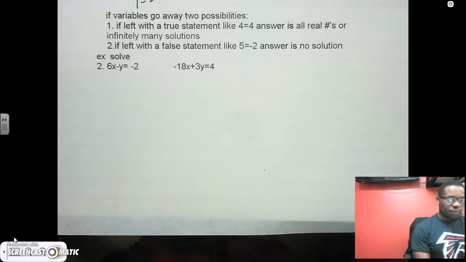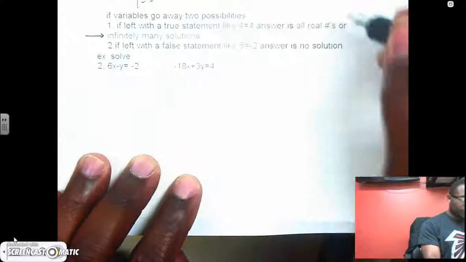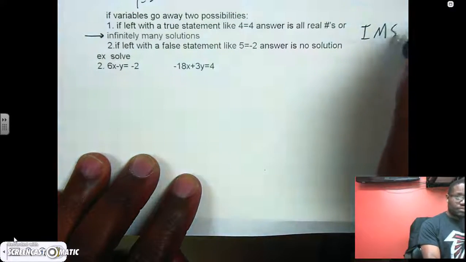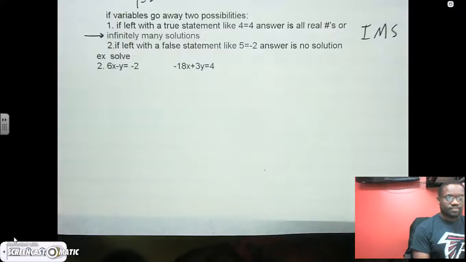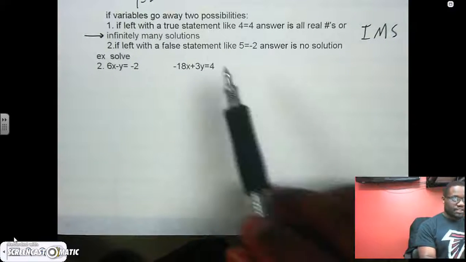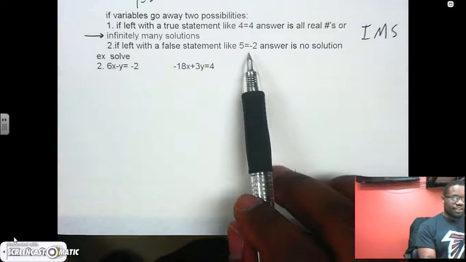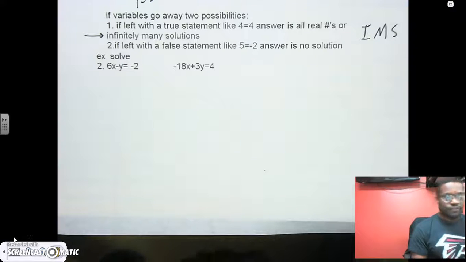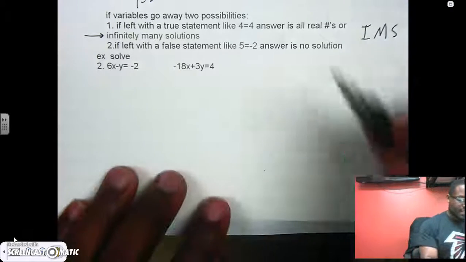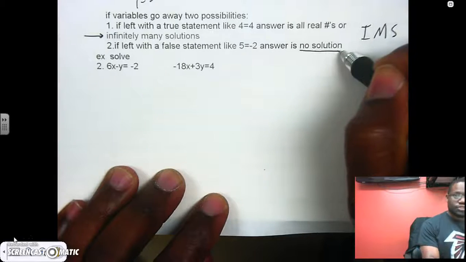If all your y's go away, all the x's go away, and what you have left over as far as the numbers is a true statement, like 4 equals 4 or 0 equals 0, that's a true equational statement, then your answer is infinitely many solutions. And if what you have left over is false, like 5 equals -2 or 0 equals 4, the answer is no solution.